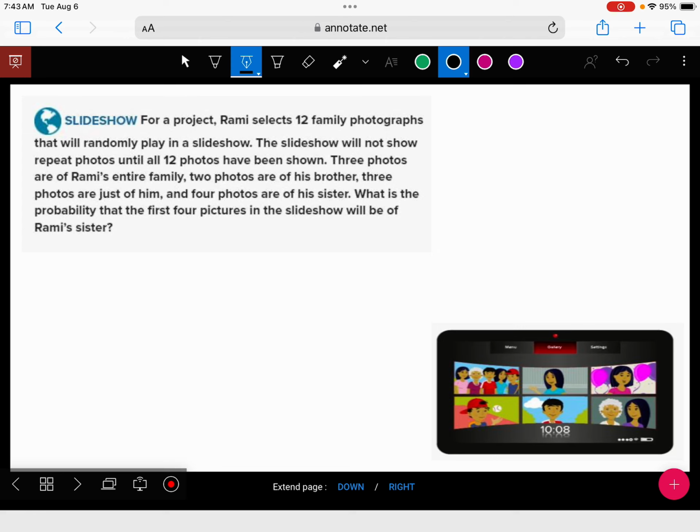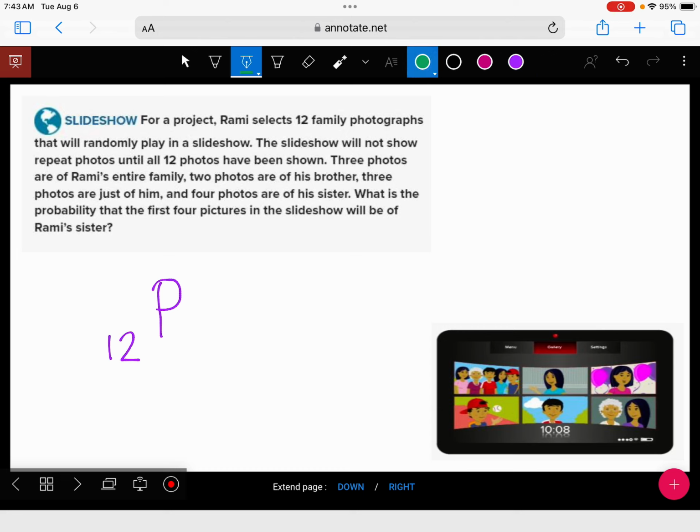So, since order is important here, because we're looking at the first 4 pictures, that makes this a permutation. So I'm going to put a big P here in the middle. The number in the front is how many things we have to choose from. How many things do we have to choose from in this situation? 12. There's the 12 pictures.